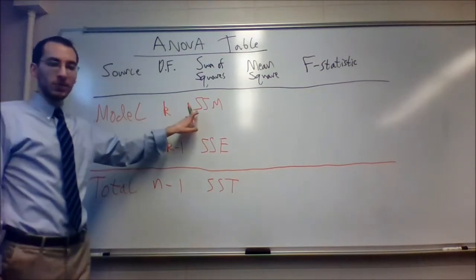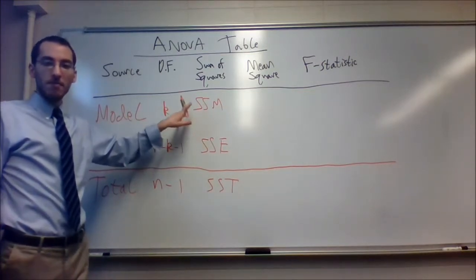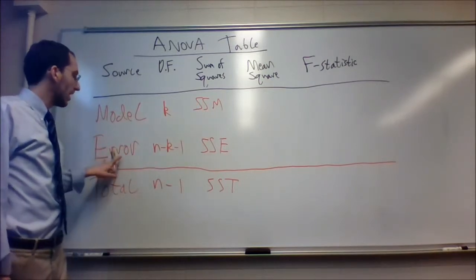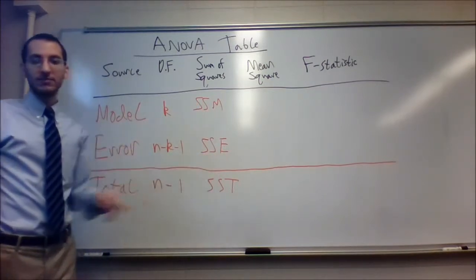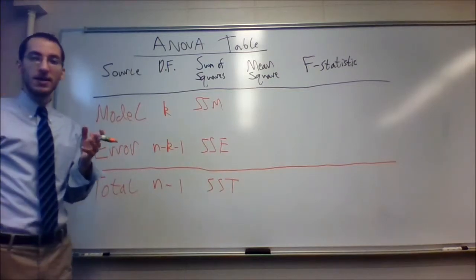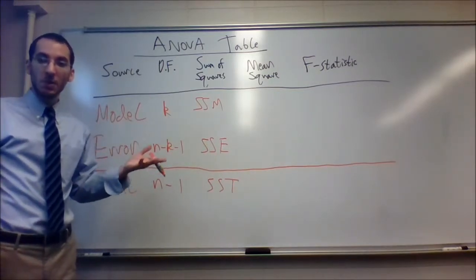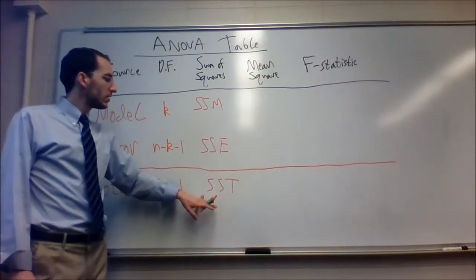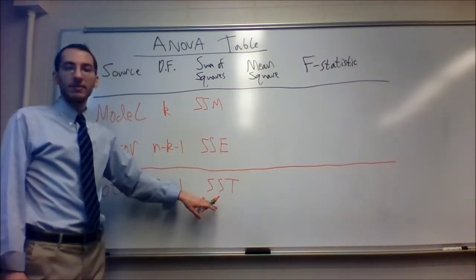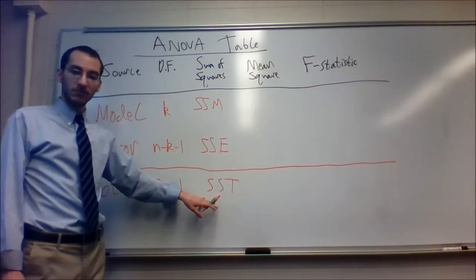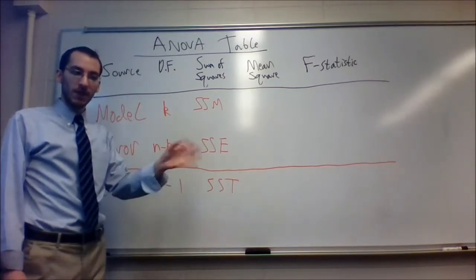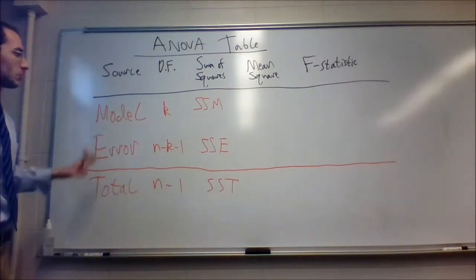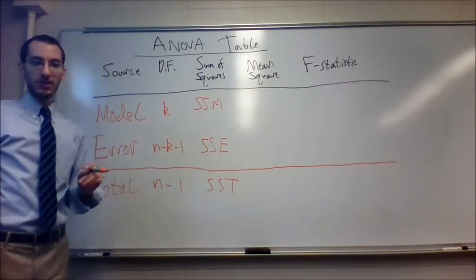Again, difference between the model and my mean. And with the sums of squares error, difference between my predicted observations, my model, and my actual observations. And I put the two together and I get my sums of squares total, which is the difference between my observations and their mean. So I'm just organizing things that you've already seen before.